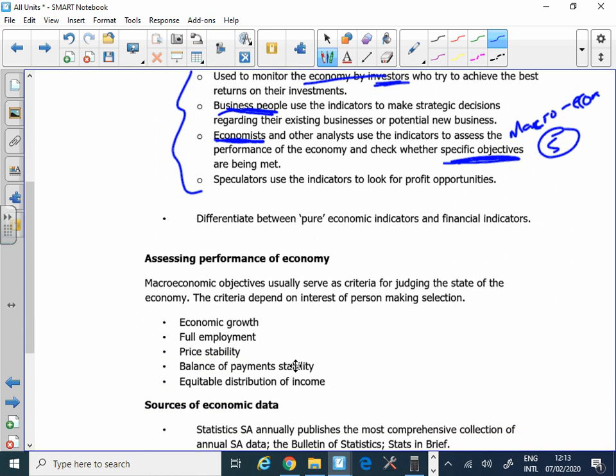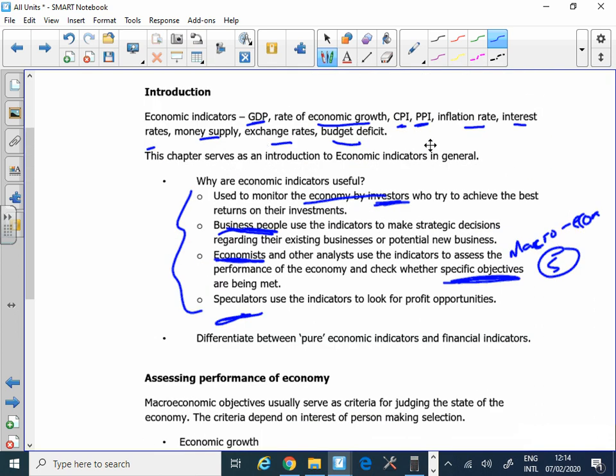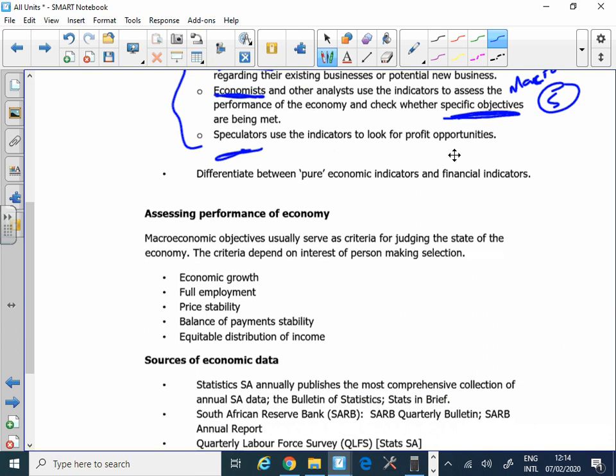Speculators use these indicators to look for profit opportunities. Our speculators normally come in when the price is at a certain level, buy or sell, and then buy again or sell again, and so on. That is what they do. They look for profit opportunities, and to do that, they need these indicators to know how a particular economy is performing.